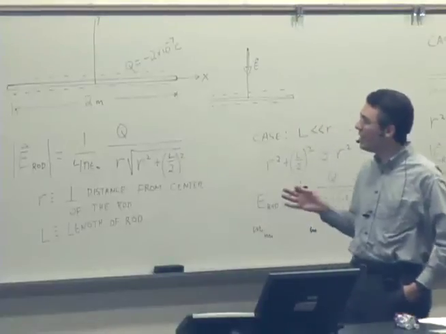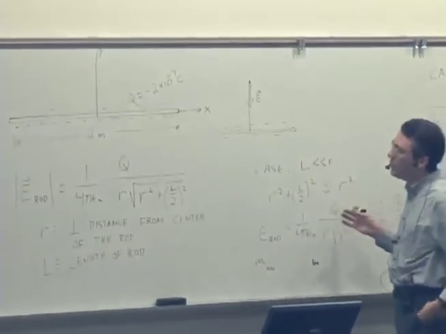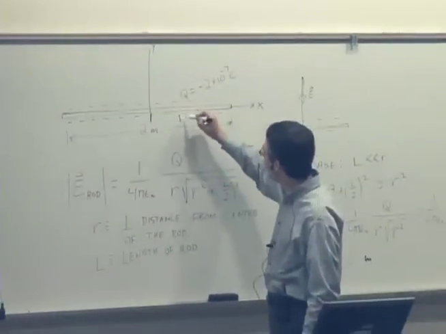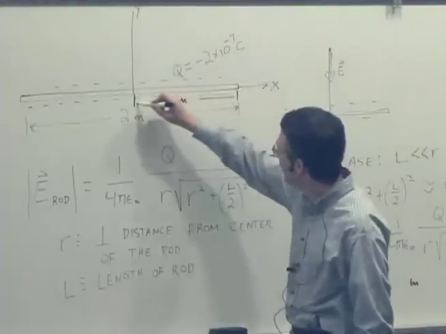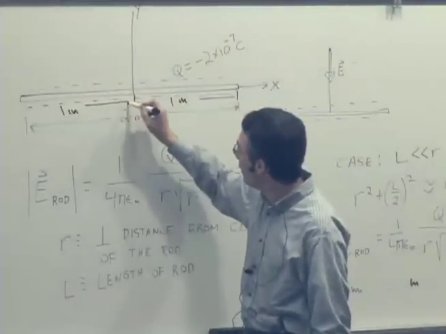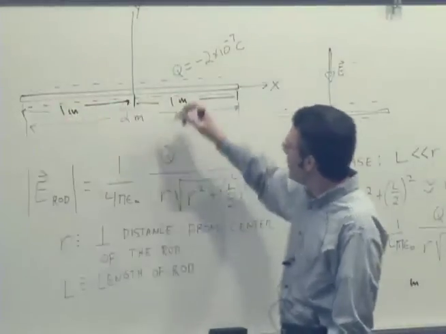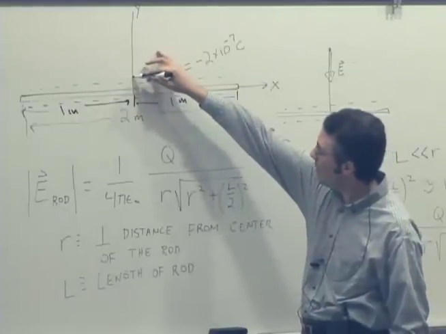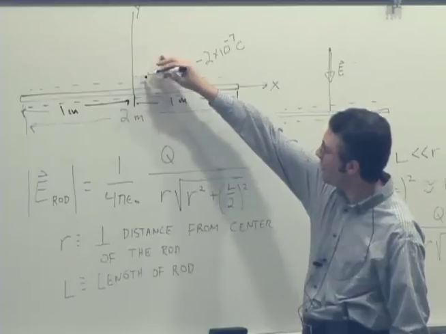So that's 3 centimeters, comma, 5 centimeters, comma, 0, compared to this being 1 meter, and this being 1 meter. So 3 centimeters over and 5 centimeters up is maybe right there.